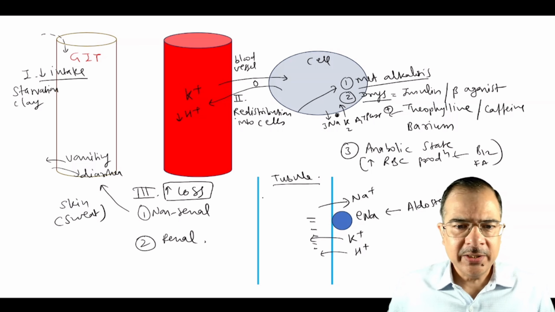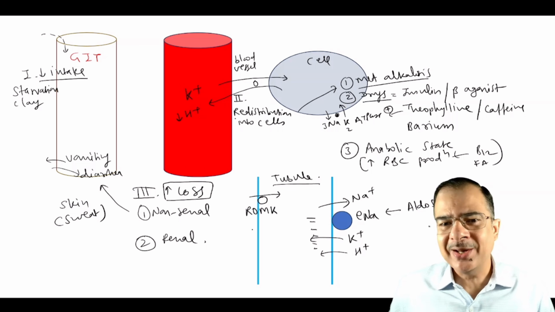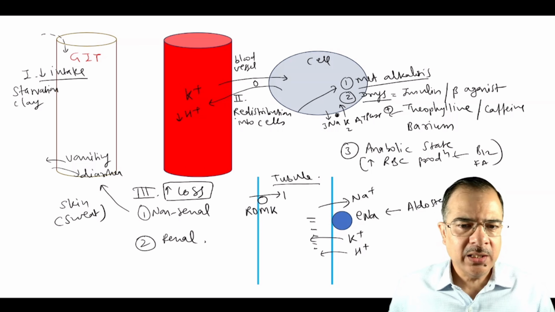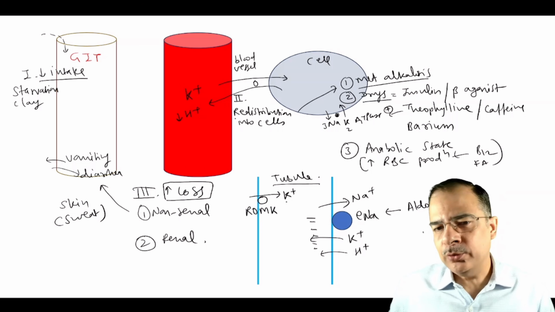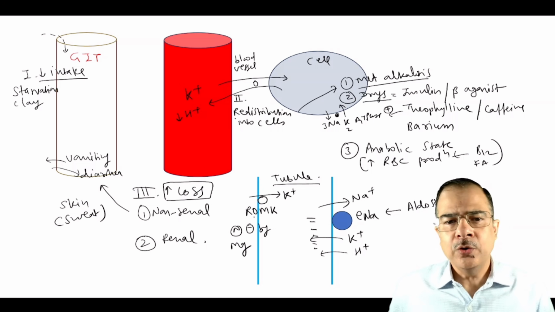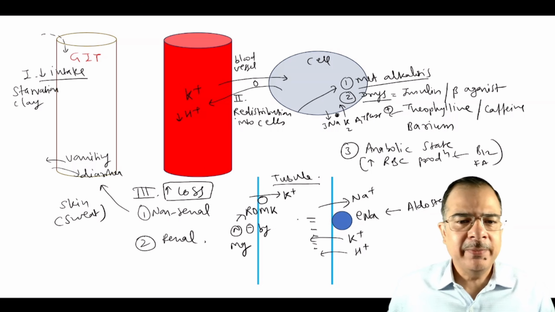There is one more channel, known as ROMK, the renal outer medullary potassium channel. Its role is potassium excretion into the tubule, and normally this channel is inhibited by magnesium.